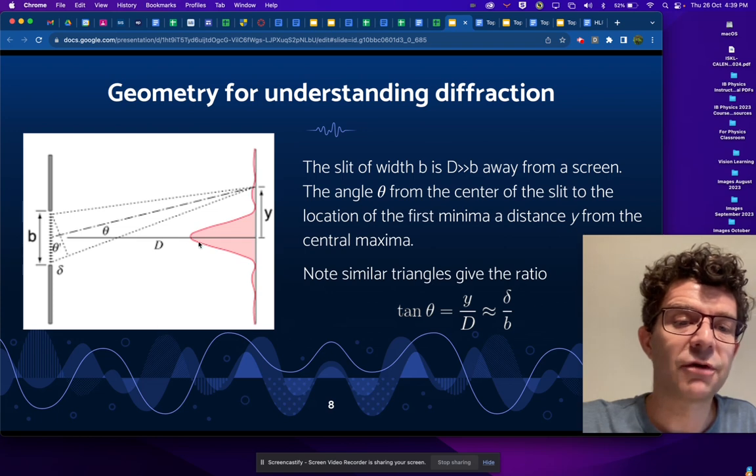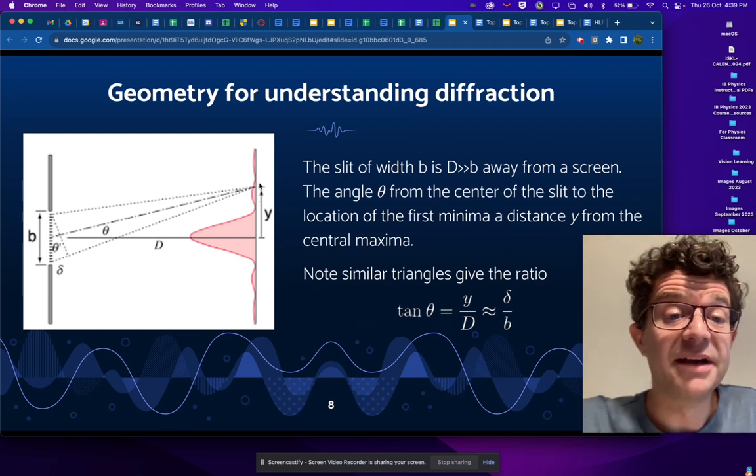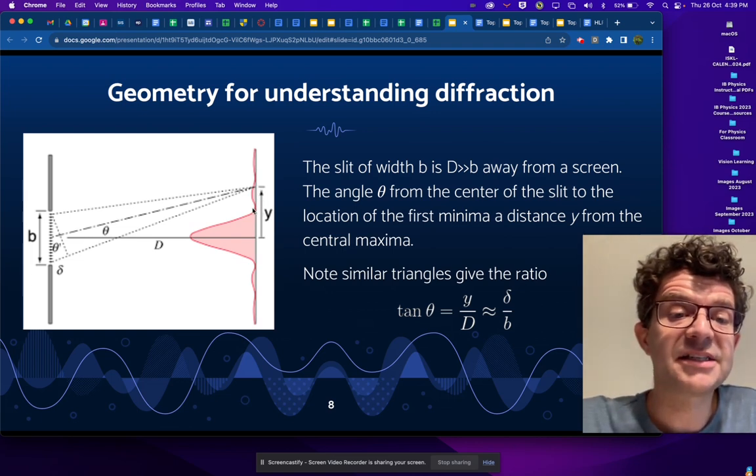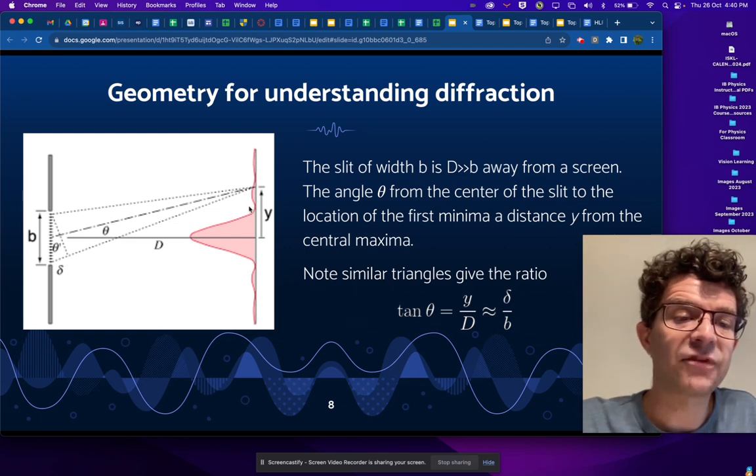Obviously, we've drawn the central maxima here. Here's a maxima off on the side, another maxima, and here are the minima in intensity. And we're going to think about why. It isn't in this drawing, but we're going to think of y as being the distance to this first minima to try to understand where that comes from.